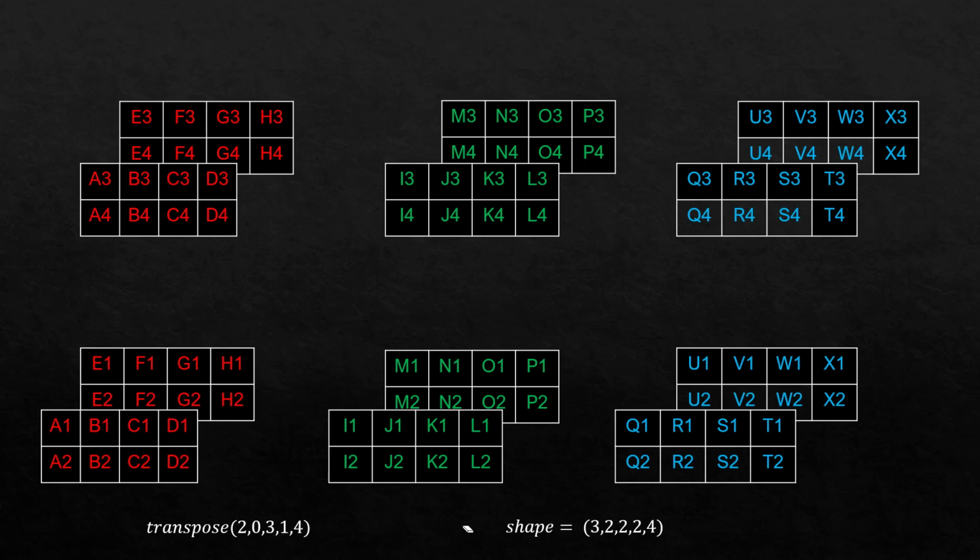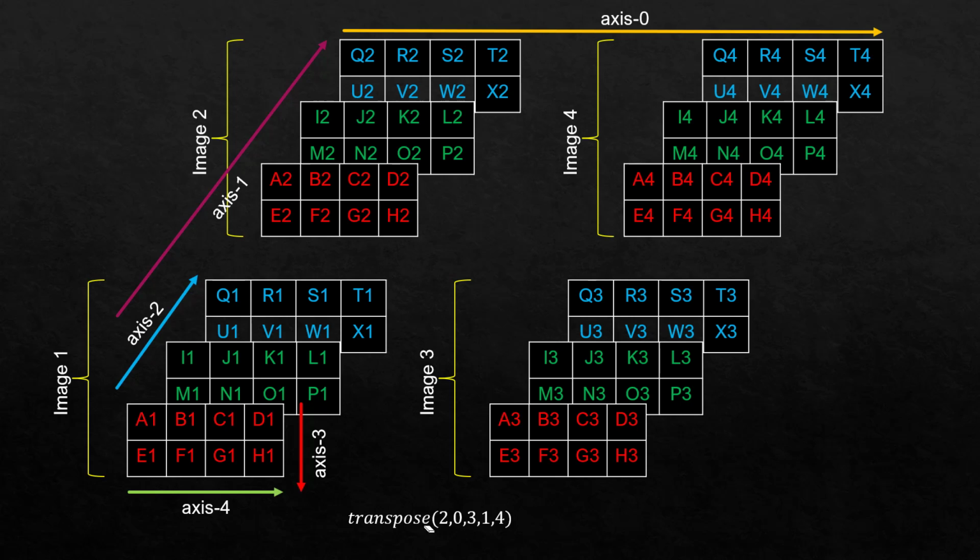If you see this 2, whatever we are having at the axis 2 level, in the newly created tensor it needs to go to axis 0. That means across the rows. That means ideally it will be creating 2 rows again.